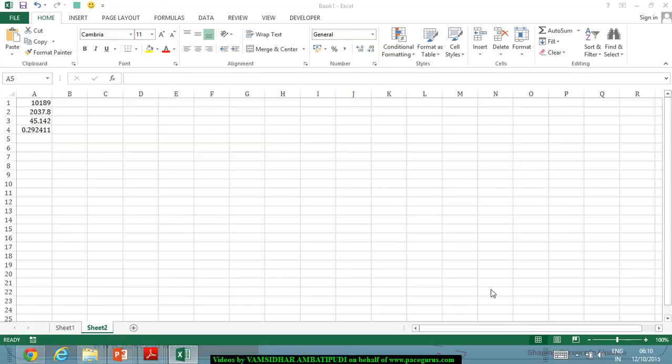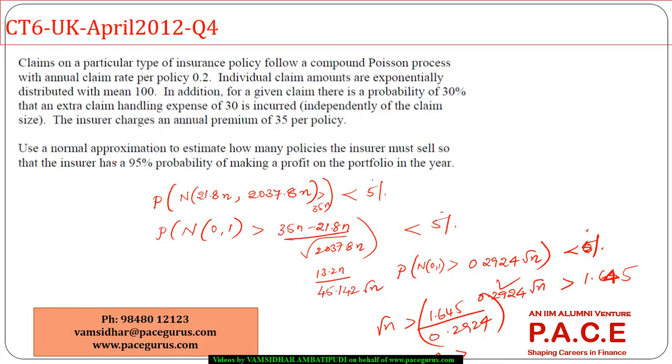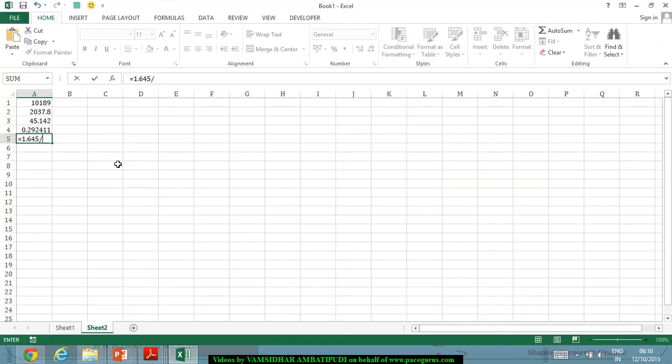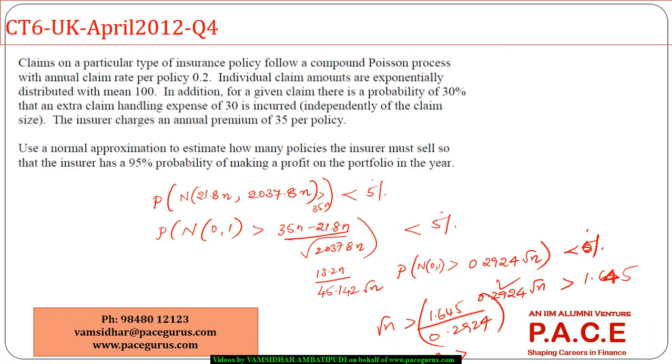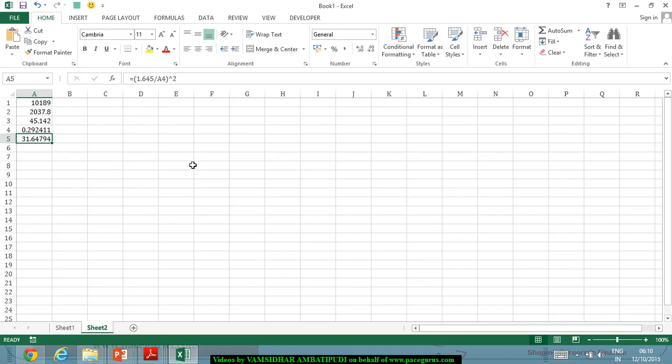I can compute that as 1.645 divided by 0.2924, this entire thing squared, so around 31.65. So at least a minimum of 32 policies need to be sold to make sure there is a 95% probability of making a profit in the year.